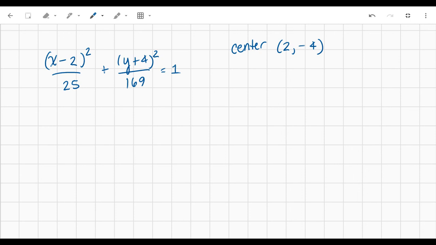We know that we move left and right 5, because that's the square root of 25. That's in the x. We move up and down the square root of 169, which is 13.